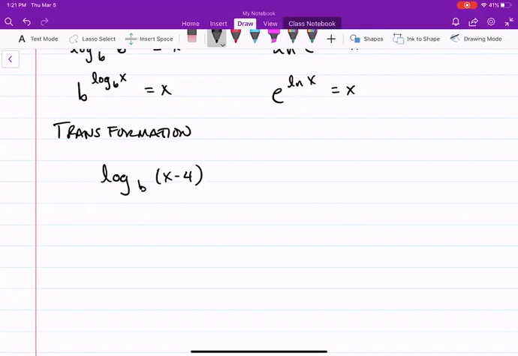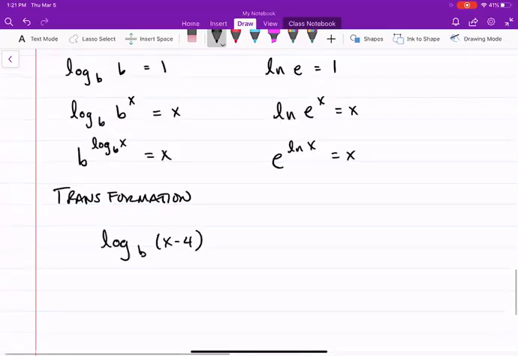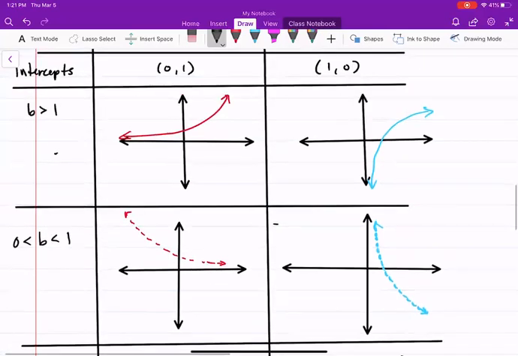I want you to picture in your head, if you have to go back up here to the chart to see what the log graph looks like. Everybody see the log graph, the solid blue line there?